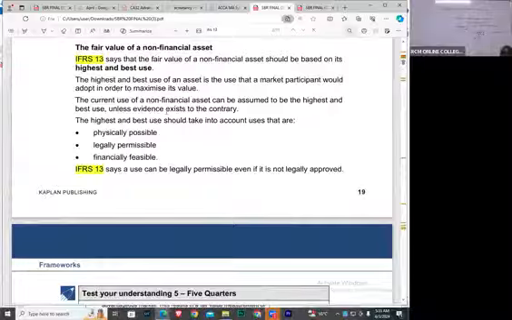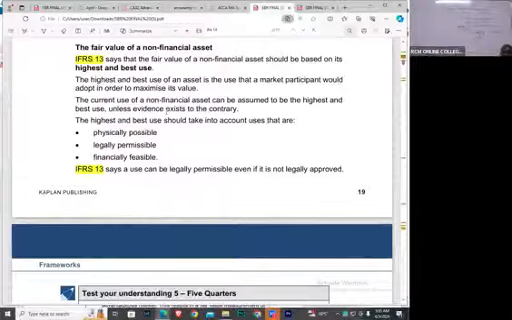The highest and best use should take into account uses that are physically possible, legally permissible. Don't tell me that you can now start growing mogoka. Mogoka is legal still, for example, in this land, and therefore I'm going to value this thing even in trillions. Financially feasible.